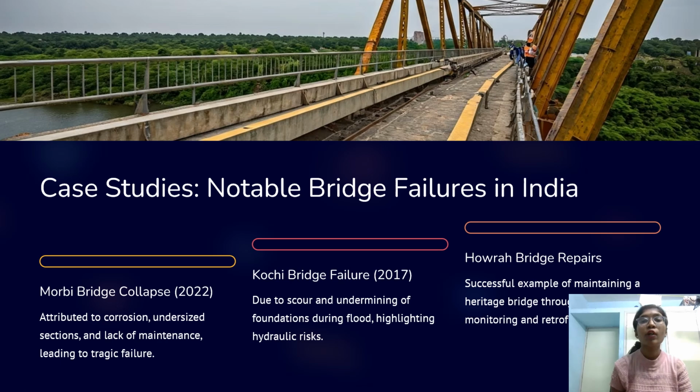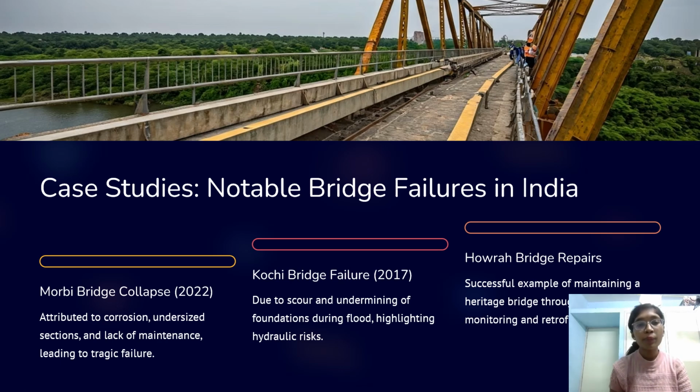Case studies: notable bridge failures in India. First is the Morbi Bridge collapse in 2022, attributed to corrosion, undersized sections, and lack of maintenance, leading to tragic failure.